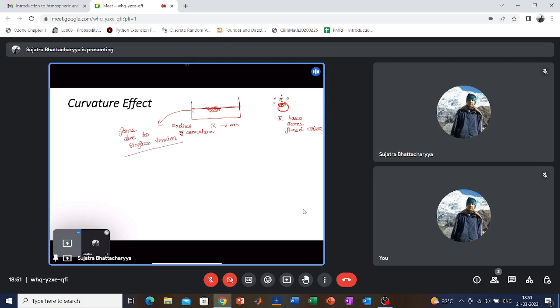So what is happening? In case of a water droplet, the molecule present just above the surface has very less attraction, so less surface tension. As a result, vapor molecules come out.